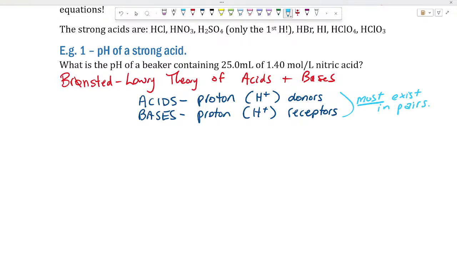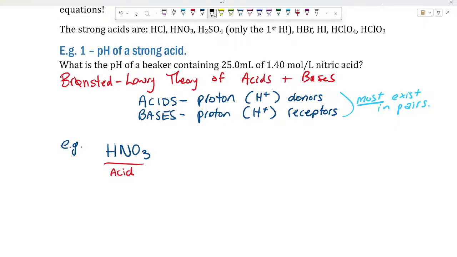Does that make sense? So, for example, our nitric acid. Which one of these is nitric acid? HNO3. Okay. So, in this example, we have HNO3. That is our acid. Does that make sense?